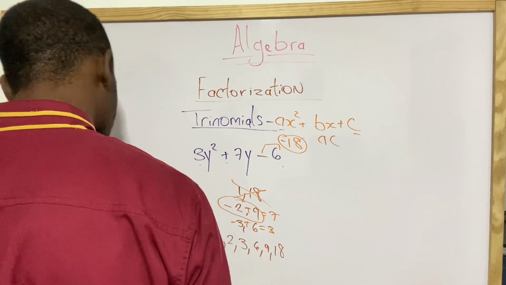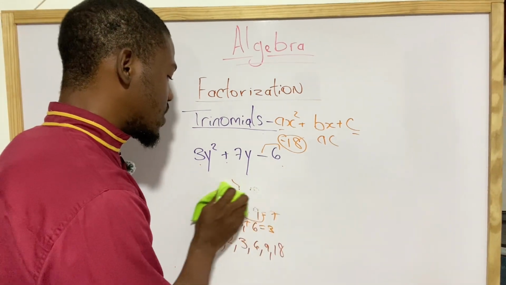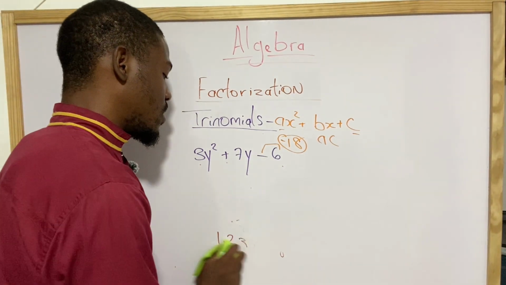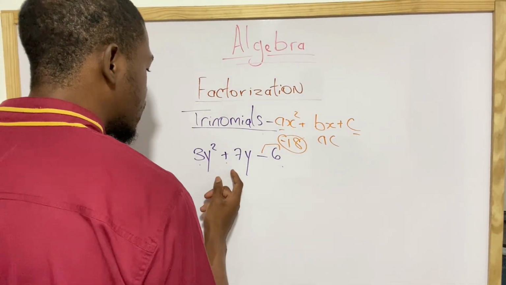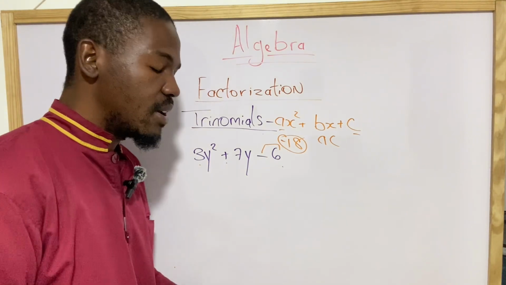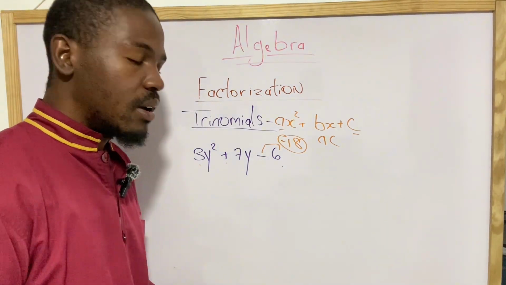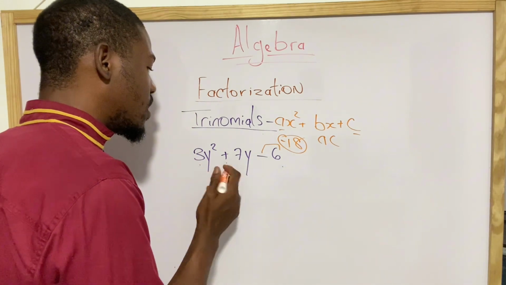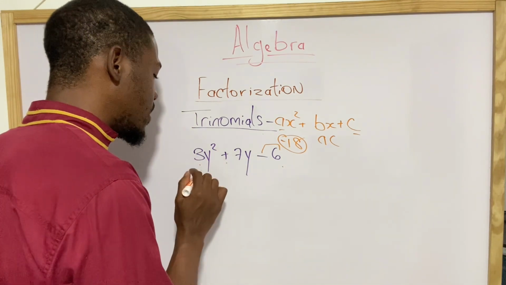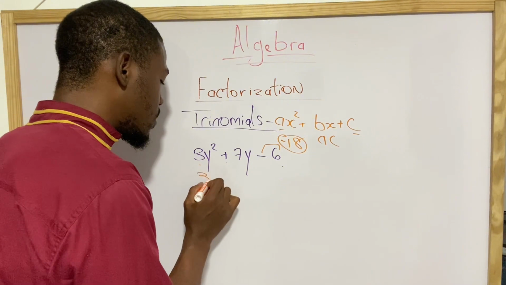There are some cases where that is not so, but the fact that this is a positive 7 means the bigger one has to be positive.